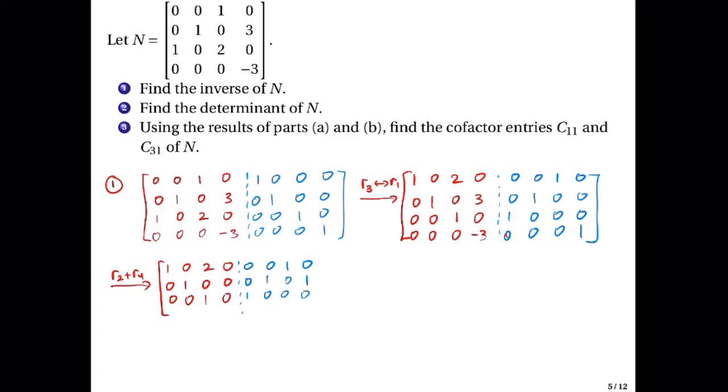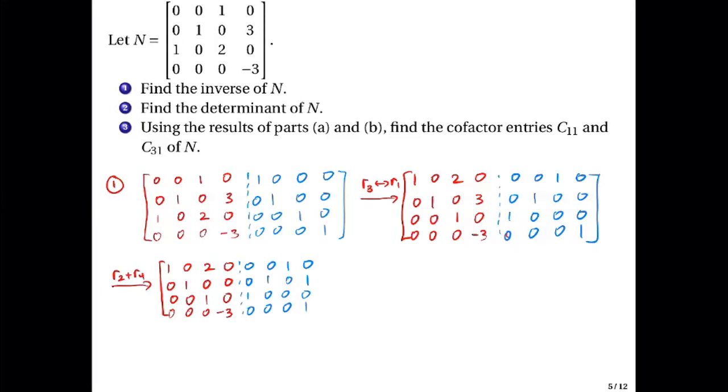Row 4 will also copy: 0, 0, 0, negative 3, and then here 0, 0, 0, 1.